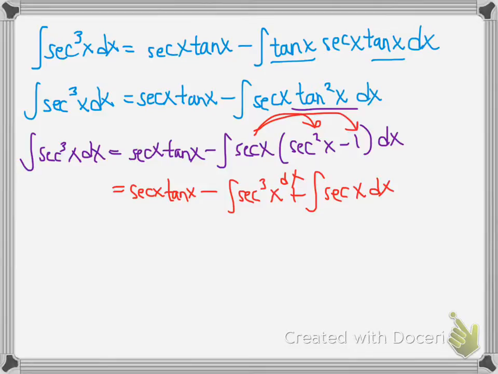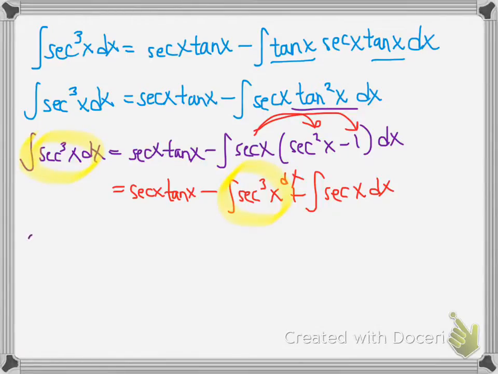Here, I'm going to collect all my like integrals because I have a secant cubed x integral on the other side of my equal sign. So I'm going to add that secant cubed x integral to both sides.